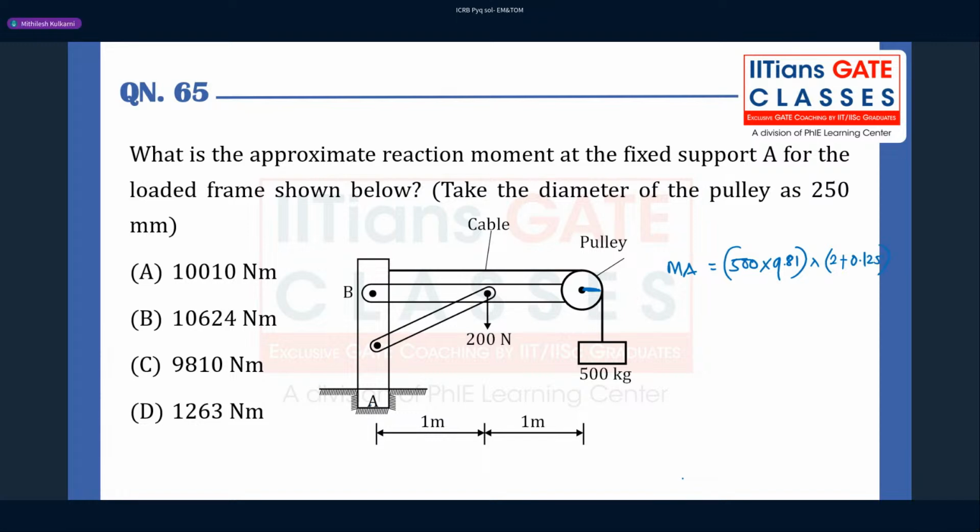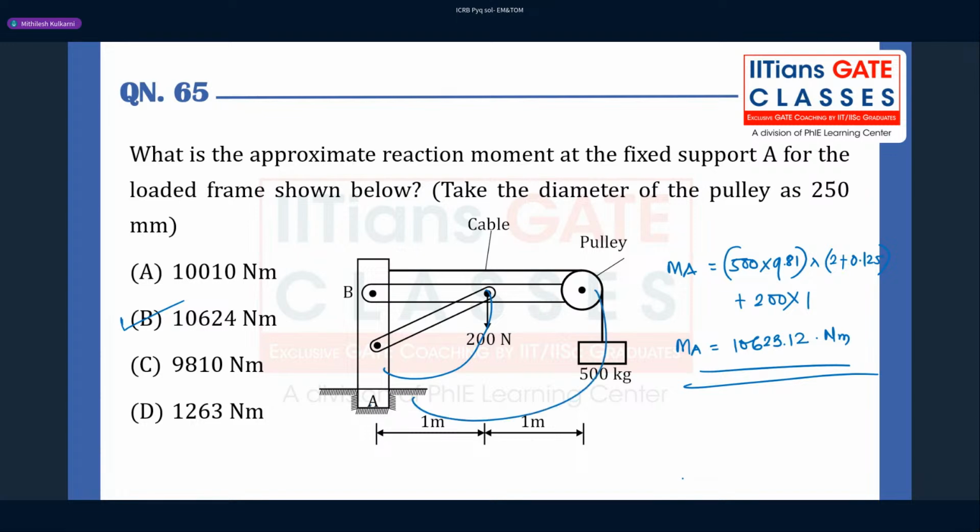This is the moment because of the 500 kgs load, plus moment because of 200 Newton is 200 into 1. And if you solve it, it will be 10623.110 Newton meters. So correct option is option B in this case. This is creating a clockwise moment. This is also creating the clockwise moment. So we are adding them together.